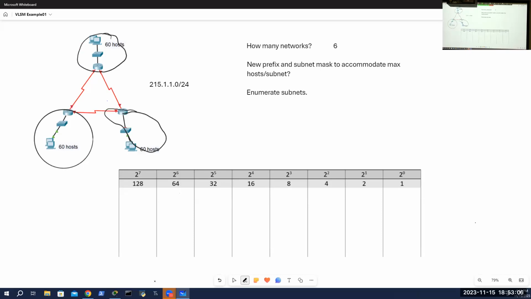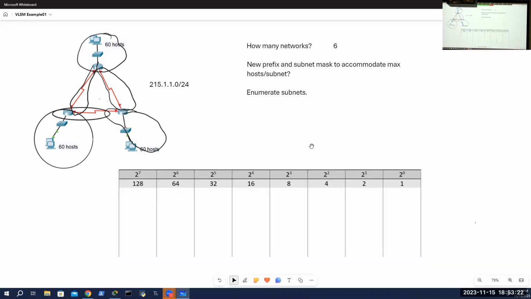There's the LANs and then here's the WANs. So we have 6 networks.